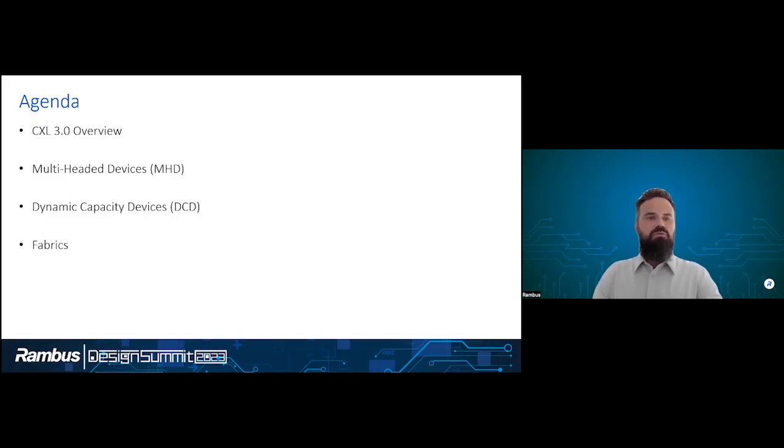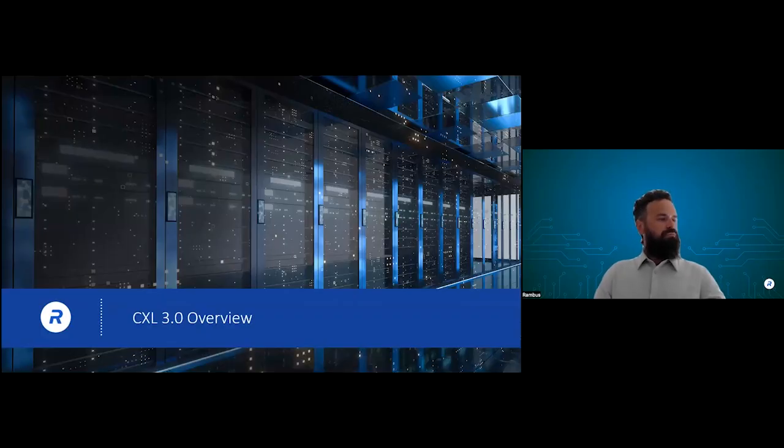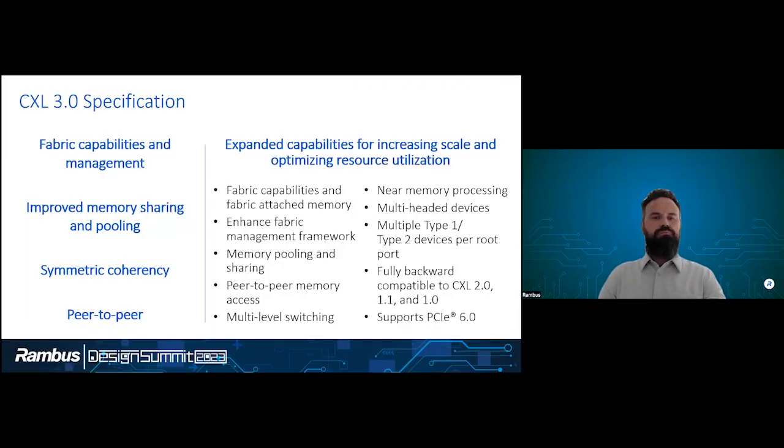Then we jump into some of the new device types, the multi-headed device in particular, that have been defined in CXL 3.0, as well as some new capabilities, which we call the dynamic capacity device capability, which really gives some additional composability to the memory subsystem, and then some of the new interconnects that we have in CXL 3.0 and their fabric capabilities that have been added. So let's jump right into the 3.0 overview.